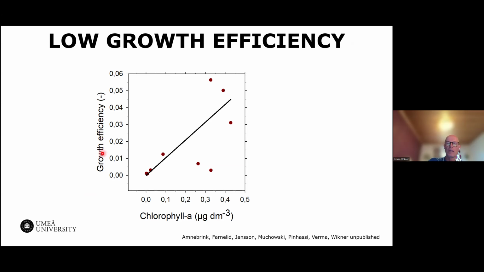Perhaps not too unexpected, since the really oligotrophic conditions and cold temperatures may demand a high maintenance activity by the prokaryotes to manage that environment. So the transfer of carbon to biomass will be really low. The relationship to chlorophyll A is encouraging though, because then you can possibly do a decent estimate of the growth efficiency and apply it to other measurements, since the growth efficiency measurements themselves are pretty tedious to do.